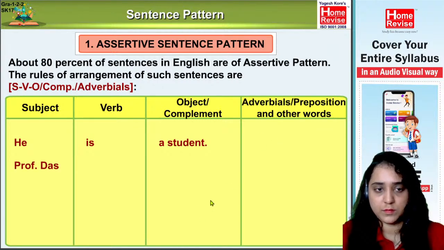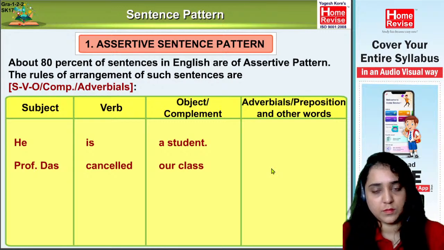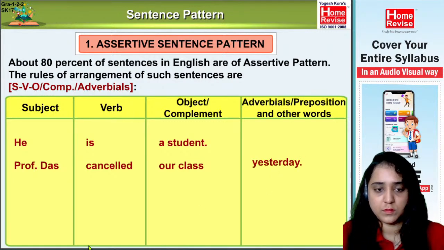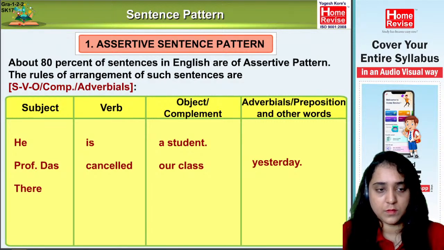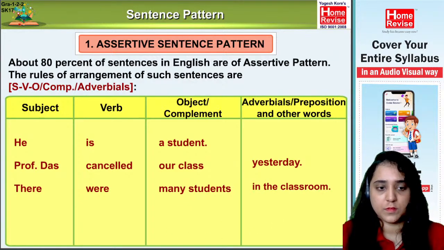Subject: Professor Das, verb: cancelled, object or complement: our class, adverbials or preposition and other words: yesterday. Subject: there, verb: were, many students, object or complement, in the classroom, adverbials or preposition and other words.